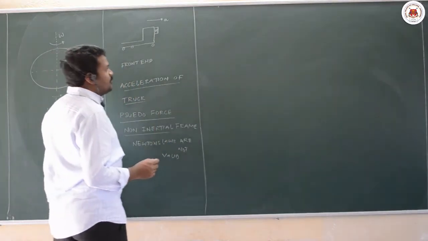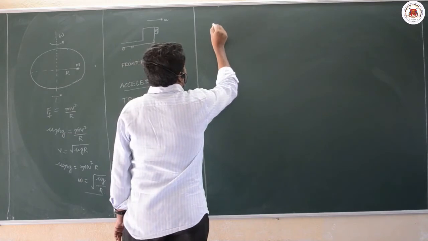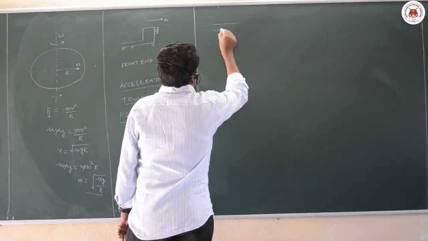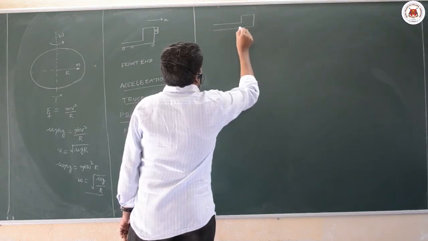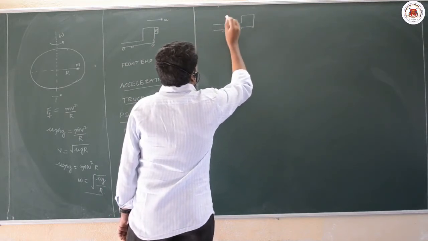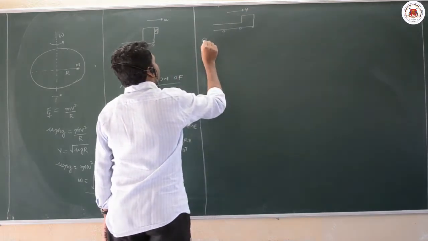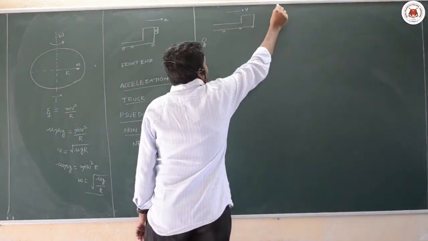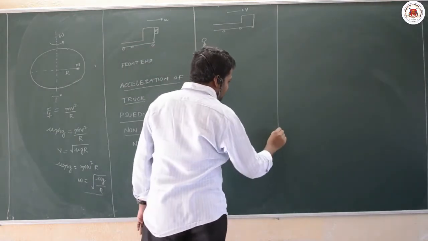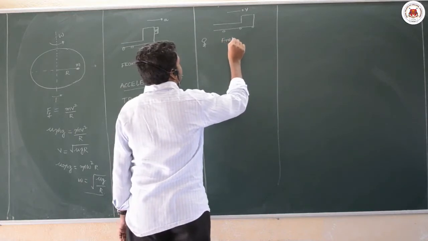If you consider a body moving with uniform velocity, and a person is observing it from outside, for this person the body moves with uniform velocity, so net force is 0.